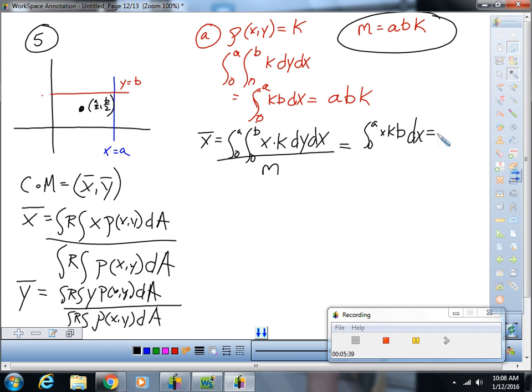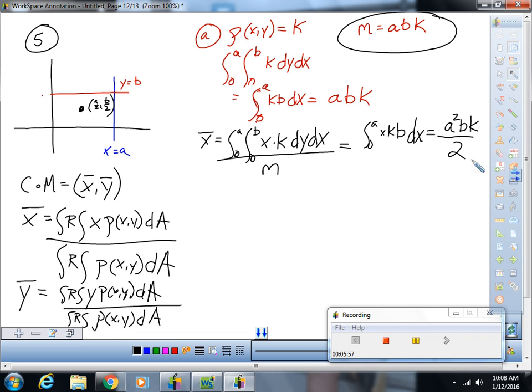And that is x squared over 2, right? X squared over 2 as x goes from 0 to a. So it's going to be a squared bk over 2. Did everybody follow that? I skipped a couple integration steps because we won't have time if I don't.